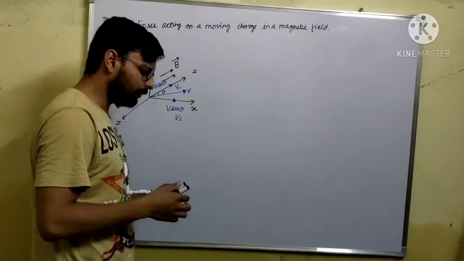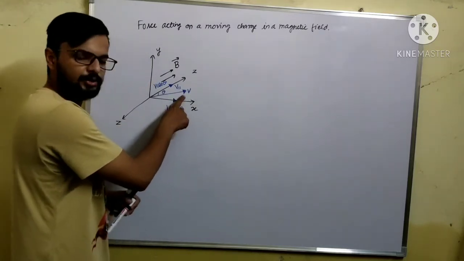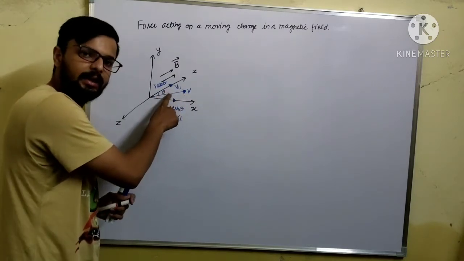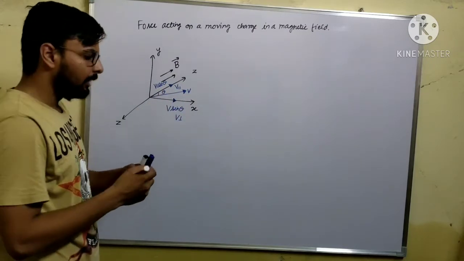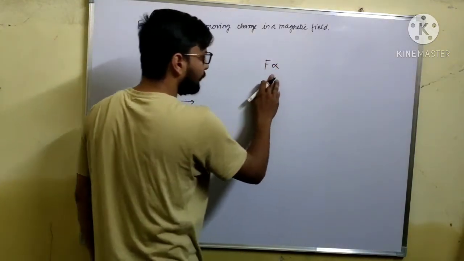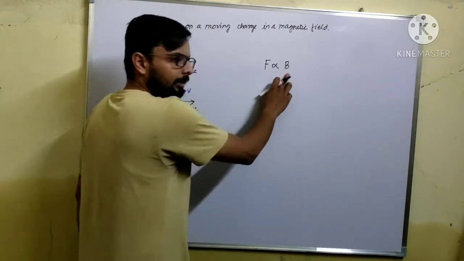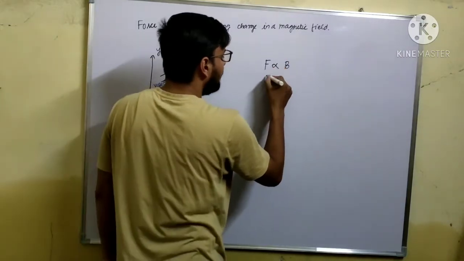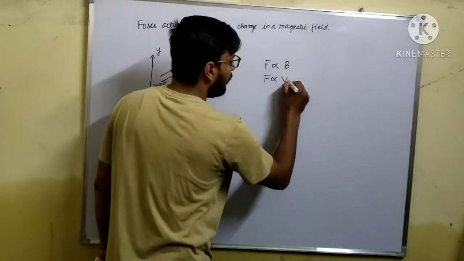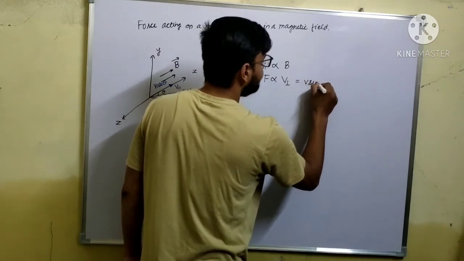So the force acting on this charged particle moving with velocity v at an angle theta from the magnetic field was directly proportional to the magnitude of the magnetic field. This force was directly proportional to the perpendicular component of the velocity, that is v sin theta.